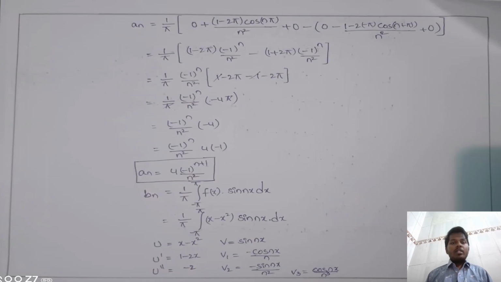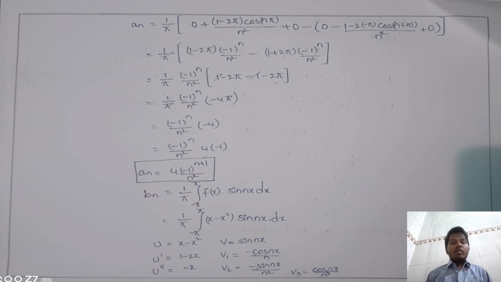So the an value is 0 plus 1 minus 2 pi cos n pi by n square plus 0, minus of 0 minus 1 minus 2 whole minus pi cos n pi by n square plus 0. So 1 by pi, 1 minus 2 pi minus 1 whole power n by n square minus of 1 plus 2 pi minus 1 whole power n by n square.